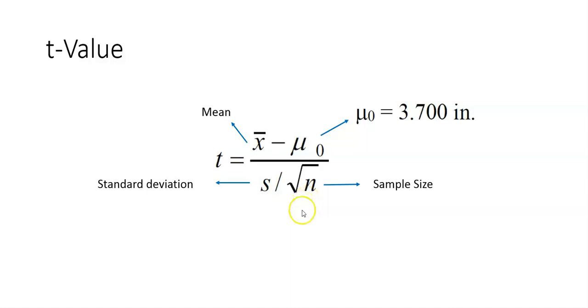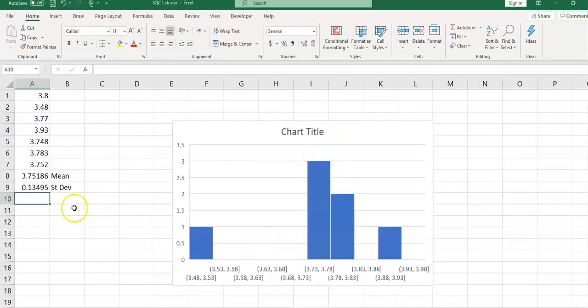The sample size is 7 for this experiment. And then after you calculate t, you're gonna see if the absolute value of t is less than critical t or not. So back to my spreadsheet.